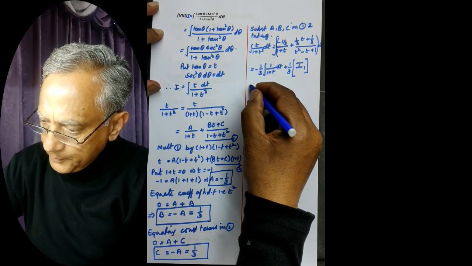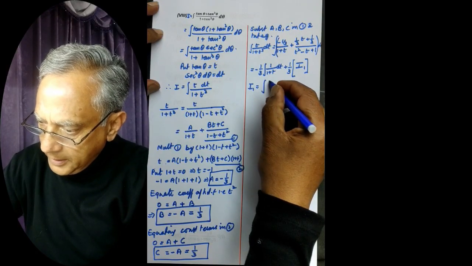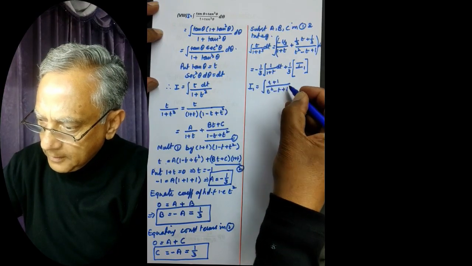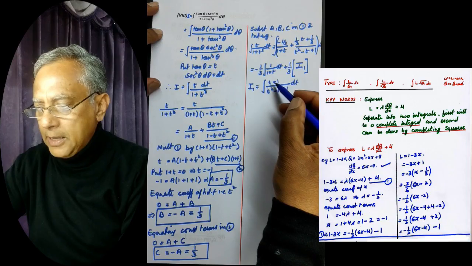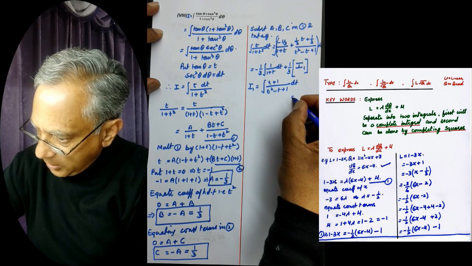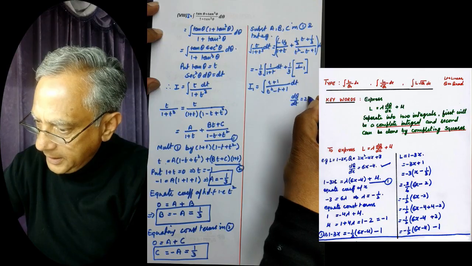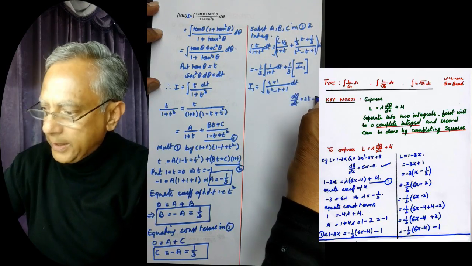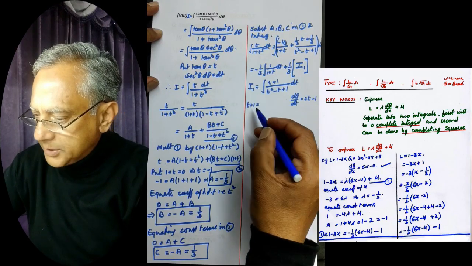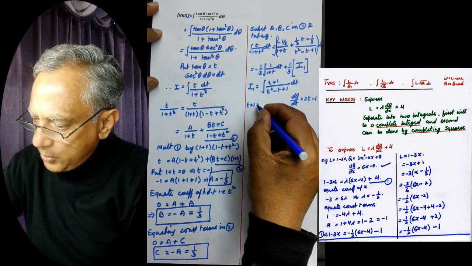So I1 is equal to integral t plus 1 over t square minus t plus 1. Now differentiation of the quadratic, dq by dt, is 2t minus 1. So I must involve the differential of this quadratic, 2t minus 1. So multiply by 2 and divide by 2.